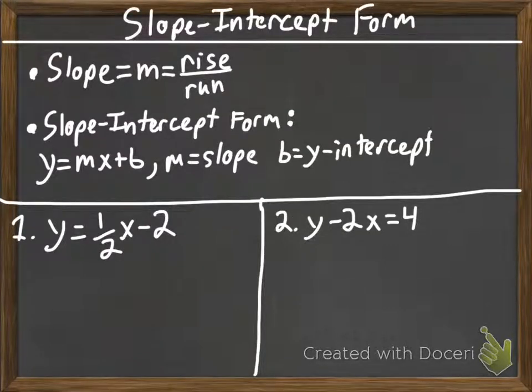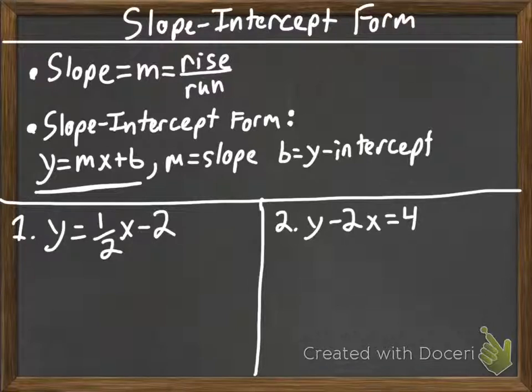So, slope-intercept form, just to recap, slope is equal to m, we call it m, and it's equal to the rise over the run. So it's how much we rise up and down on the y-axis, how much we run left and right on the x-axis. And this next one is what slope-intercept form looks like.